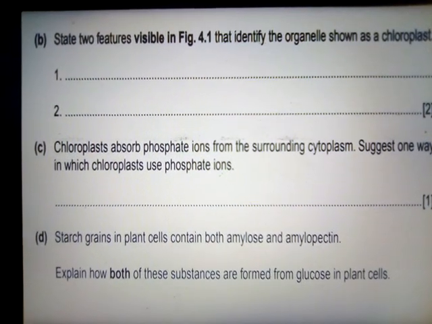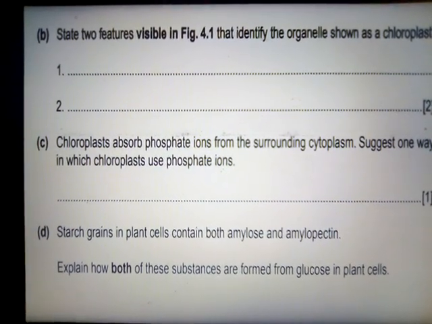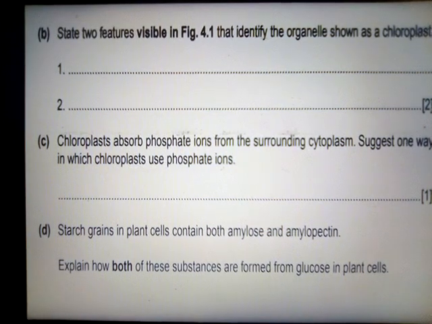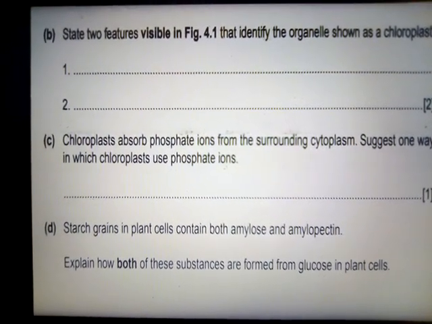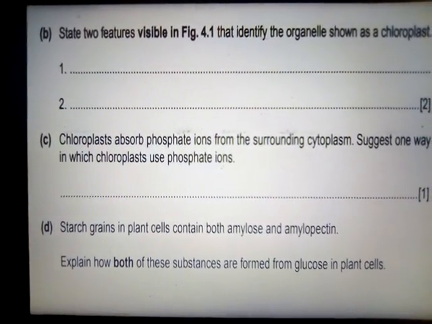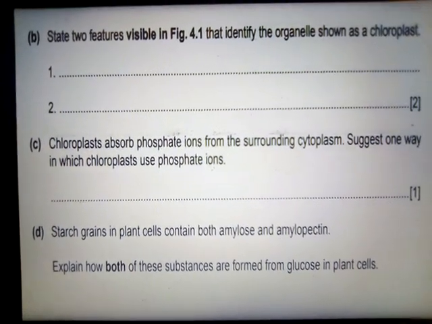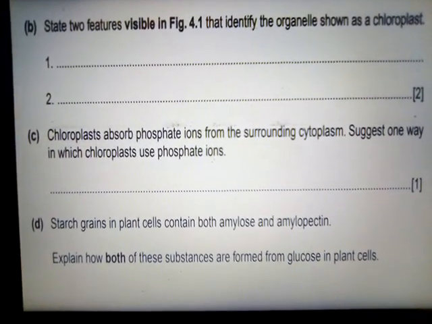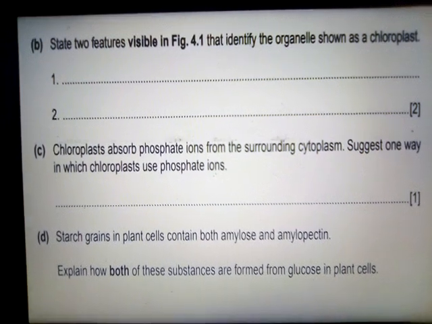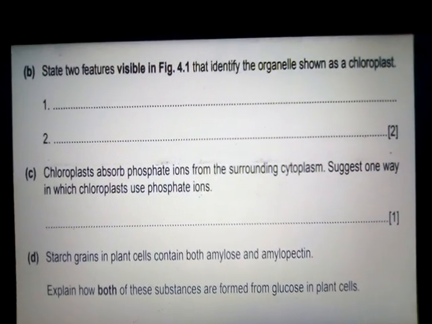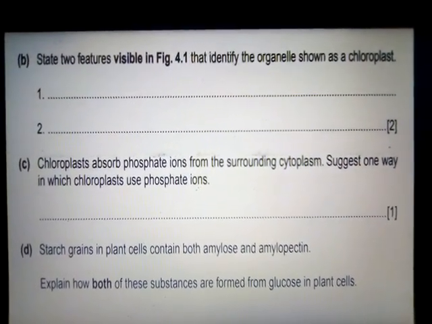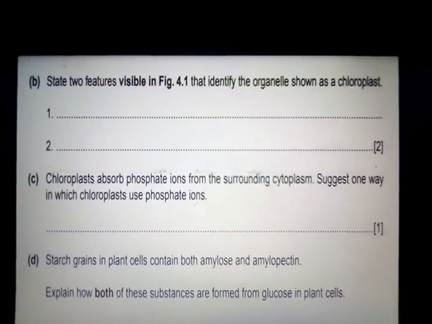D. Starch grains in plant cells contain both amylose and amylopectin. Explain how both of these substances are formed from glucose in plants. Answer this question in your exercise book.